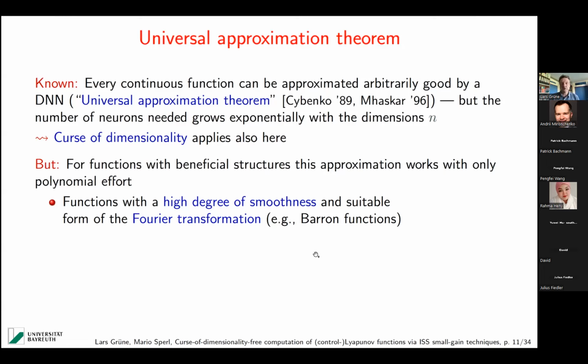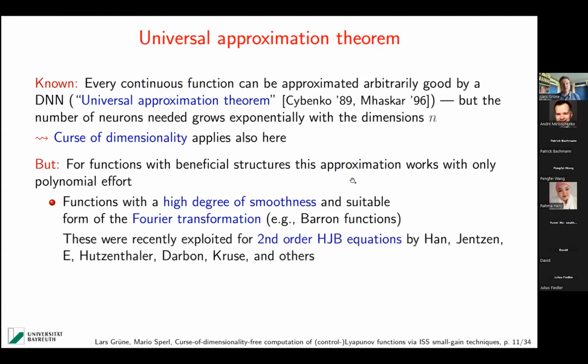Barron functions, if you want to look that up, is one class of these functions. And they have been actually quite successfully used for solving certain equations. For example, also Hamilton-Jacobi-Bellman equations, which are related to these Lyapunov PDEs, but for second order. And the reason for this is for second order equations, you can really expect a lot of smoothness.